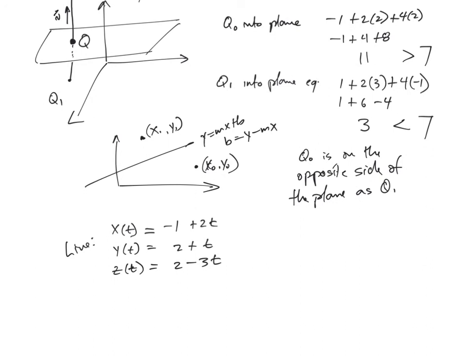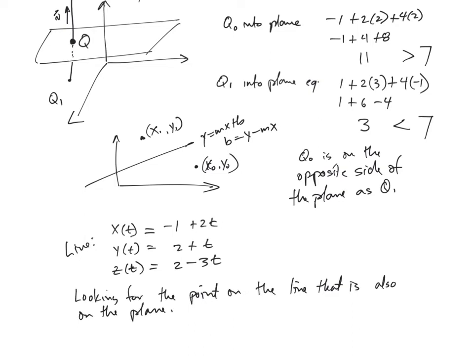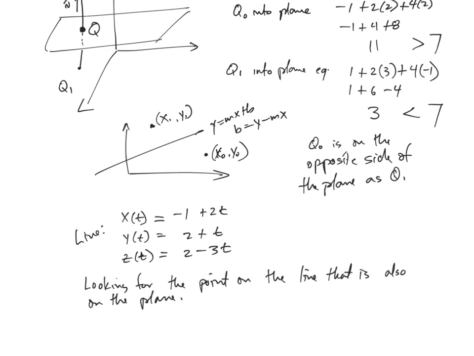So we're looking for the point on the line that is also on the plane. Okay, well, the x, y, z coordinates of points on this line are given by these expressions here, which means these three expressions, this for x, this for y, this for z, must satisfy the plane equation at the point we're looking for, right?